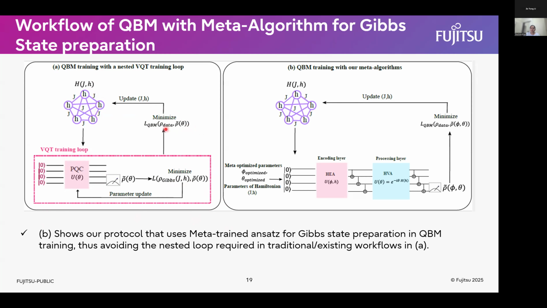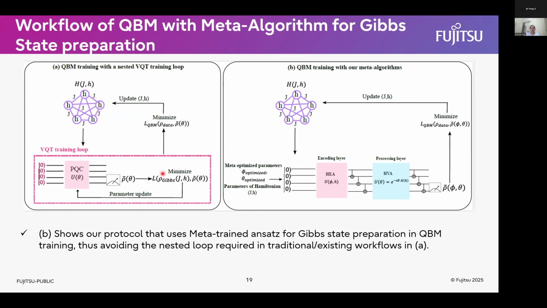And so what is observed is, for each such iteration within the QBM training, we need to run this Gibbs state preparation loop or VQT loop again and again, thus increasing the training time as well as the quantum resources required.